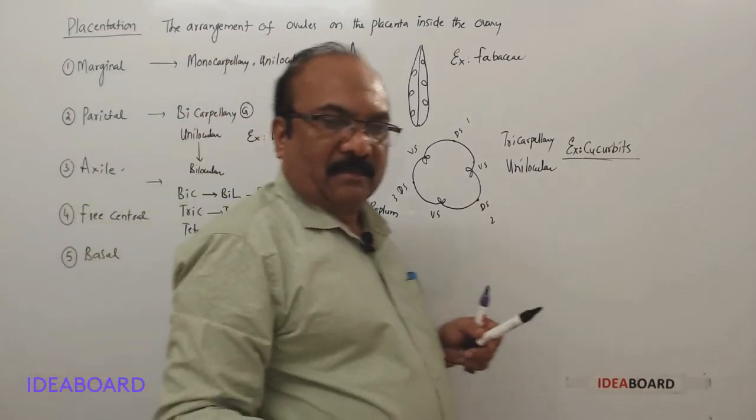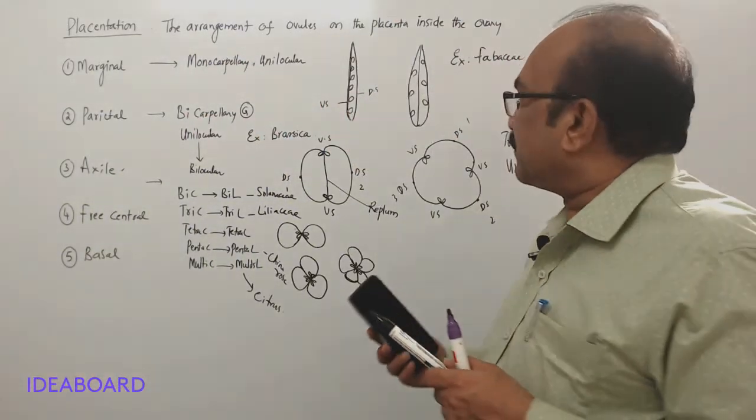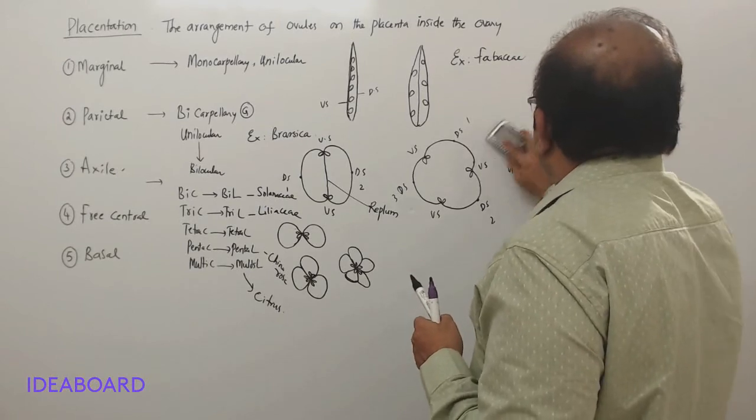And now let us see the fourth type, free central placentation.